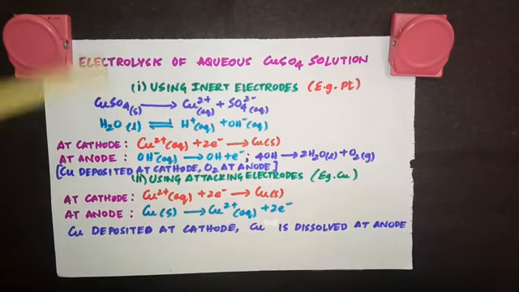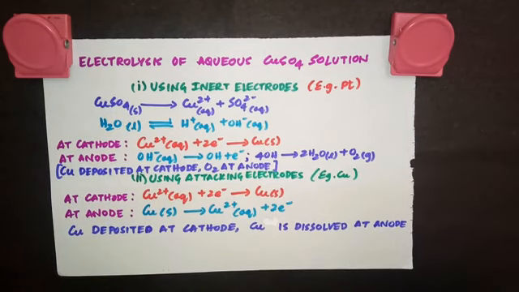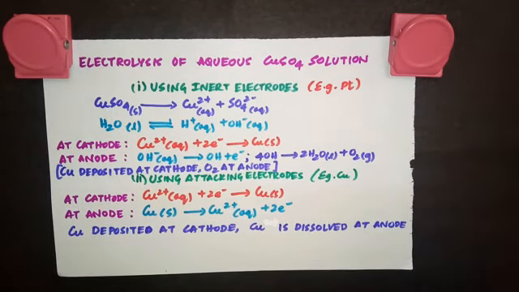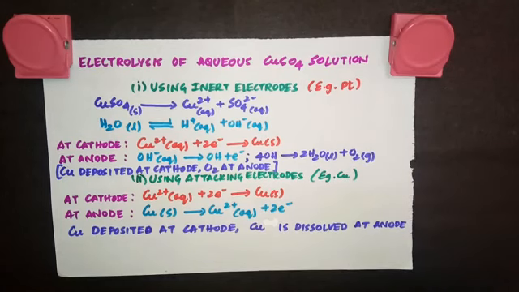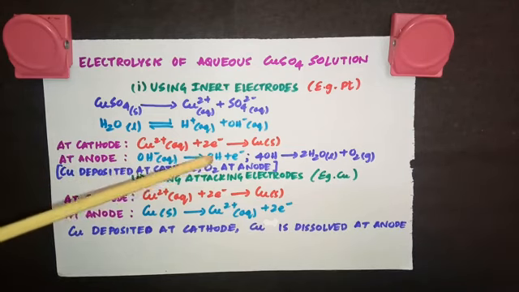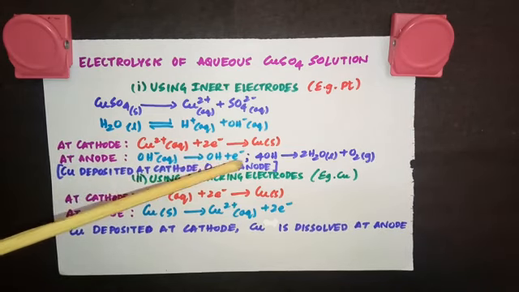Now at the anode, there are again two possibilities. Both SO4 2- ions and OH- ions migrate towards the anode, but OH- ions have a lesser reduction potential, so they get oxidized at the anode. So at the anode, what happens? OH- will get oxidized, losing an electron.